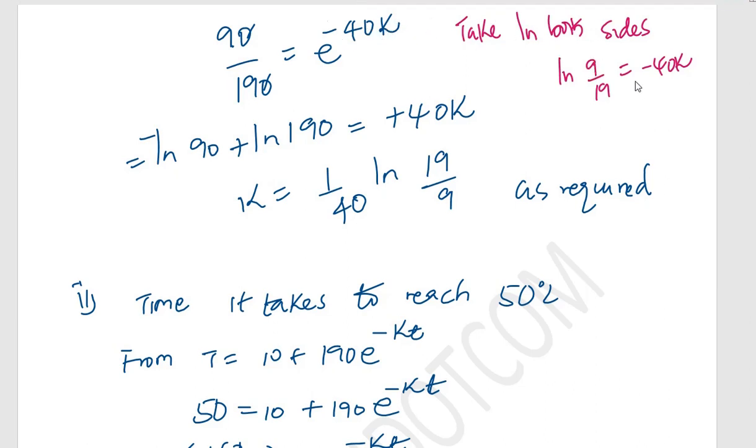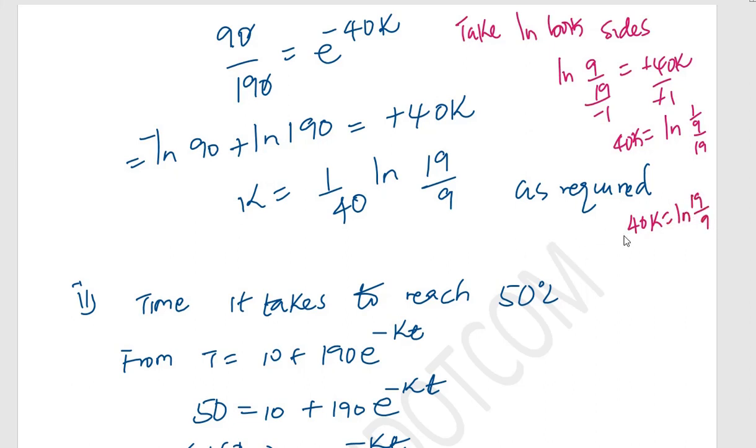So that means, to remove this negative, I can divide both sides by negative 1, so that I have 40k equal to natural logarithm of 19 divided by 9.